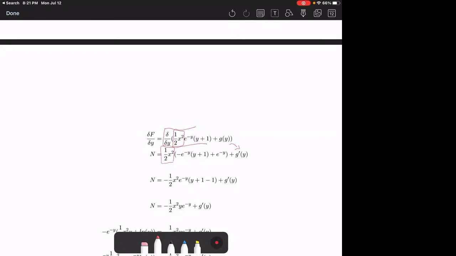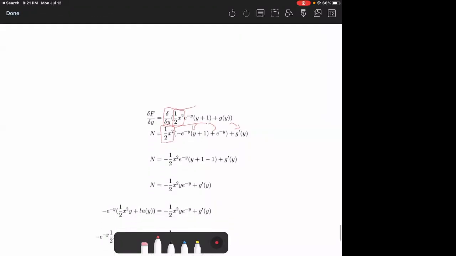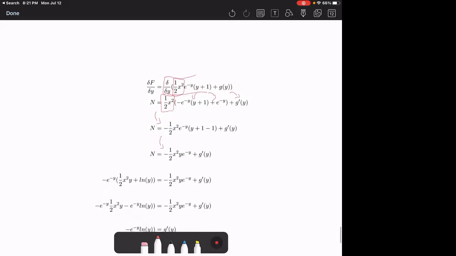It's a constant. But this e to the negative y times (y + 1), that is a product rule. So we get a couple different pieces added together there. And then we simplify. Simplify again. And then we plug in what N is actually equal to. Well, after we multiplied N by mu, it now looks like this.